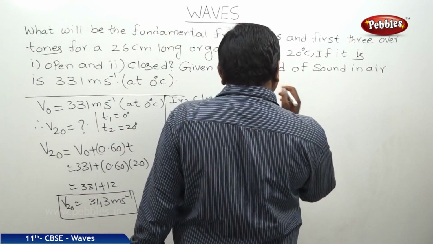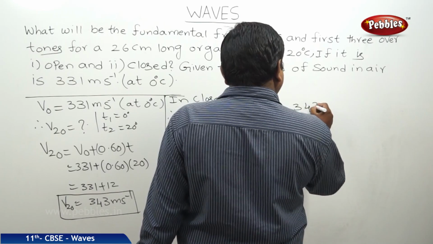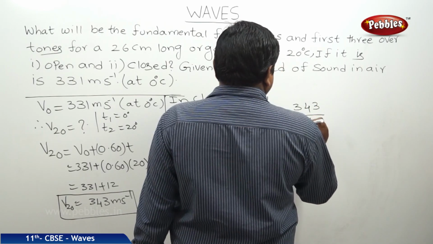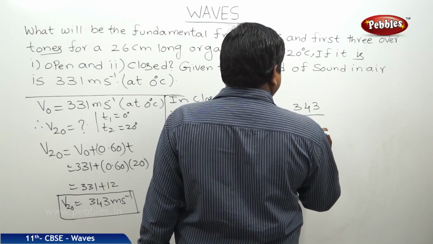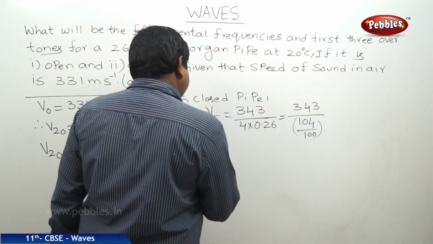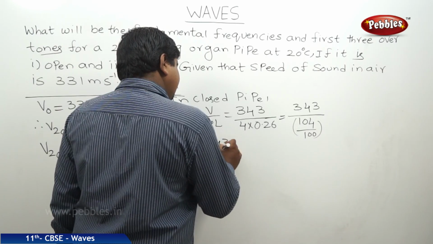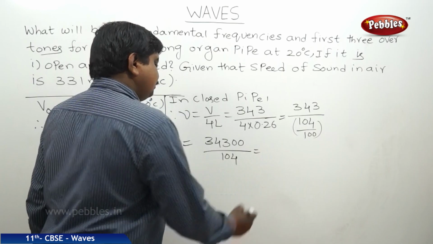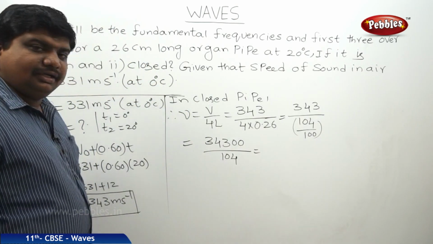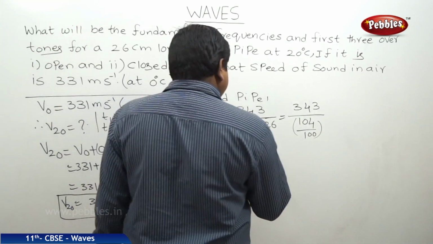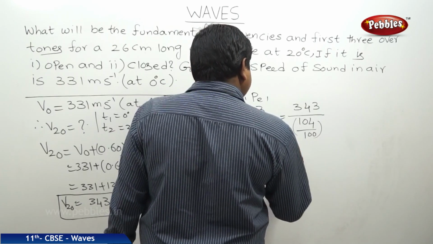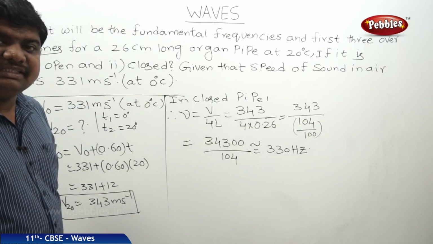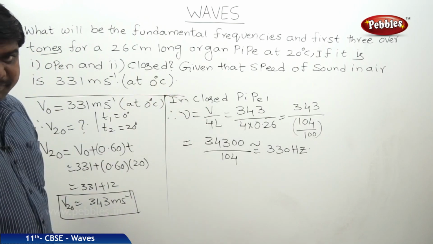So, it is 343 by 104 by 100. Therefore, it is 343 into 100 by 104, 34,300 by 104. So, approximately we will get 330 Hz. So, the fundamental frequency is 330 Hz in closed pipe case.